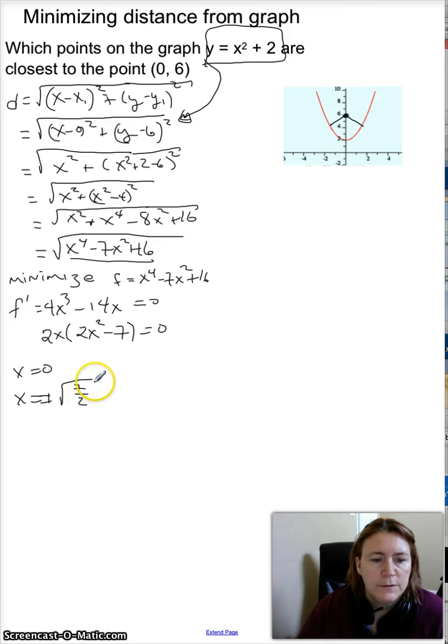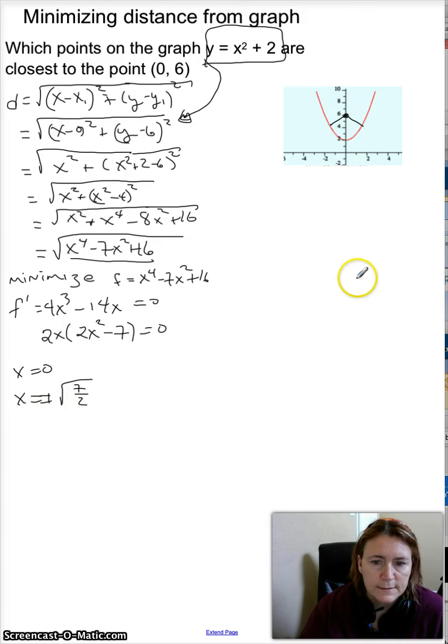Well, that's not a very pretty number, is it? What we need to do now is some testing. Let's see where the derivative is positive and where it is negative. Let's look at our ranges and use the first derivative test.